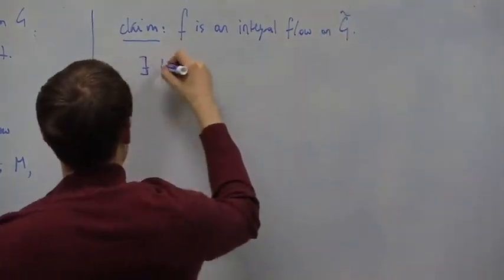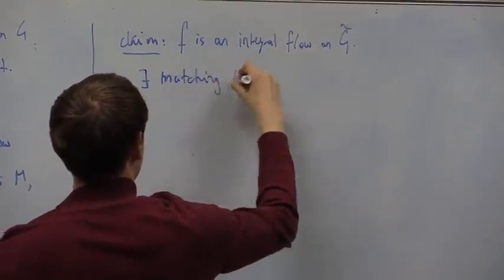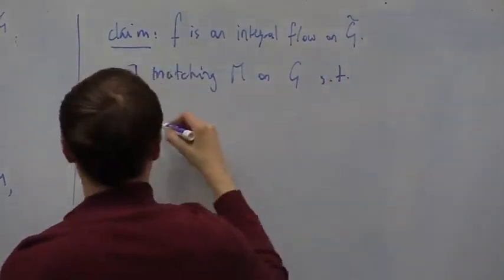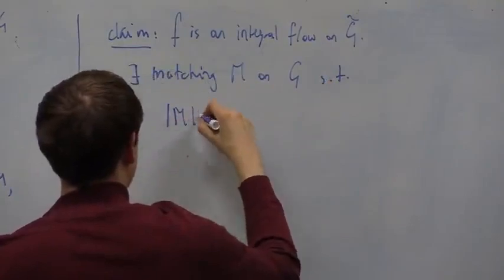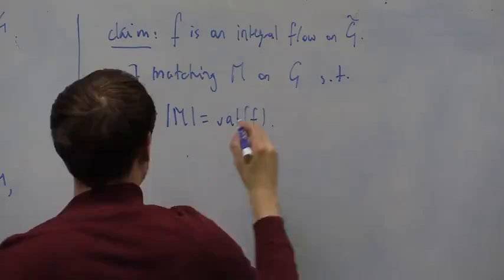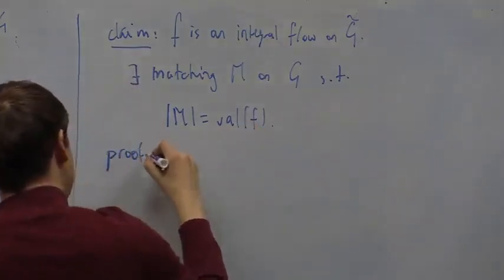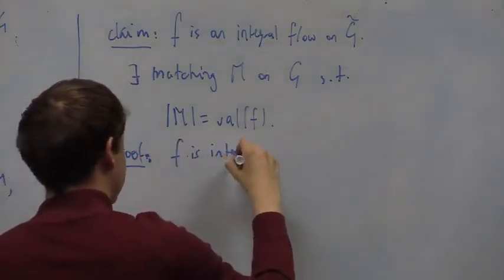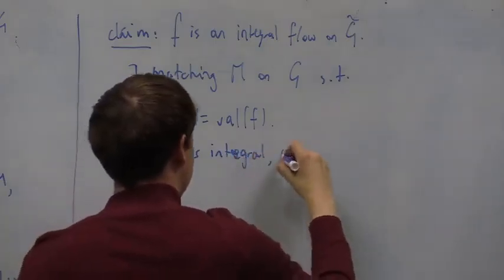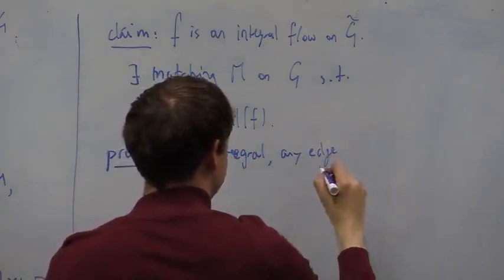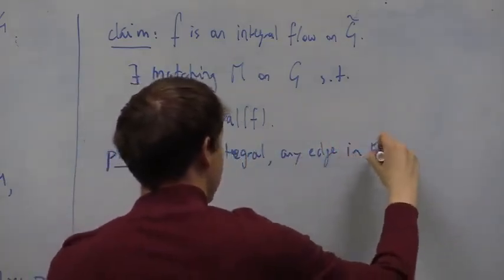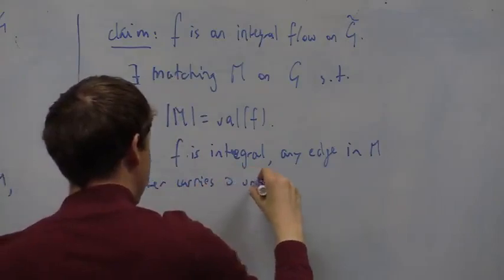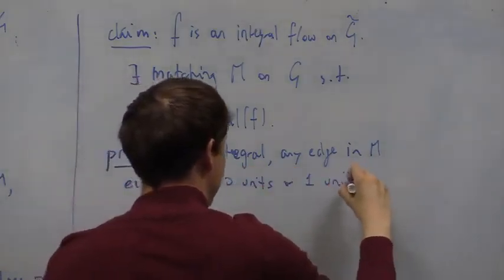I want to say that there exists a matching M on the original bipartite graph G such that the size of M is the value of F. Now, because F is integral, any edge carries either 0 units or 1 unit, because the capacities are 1.